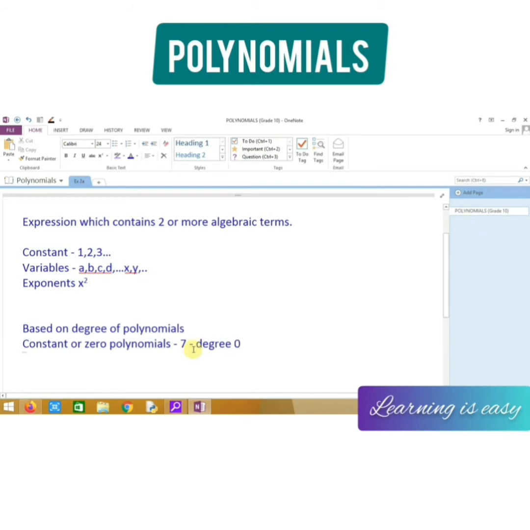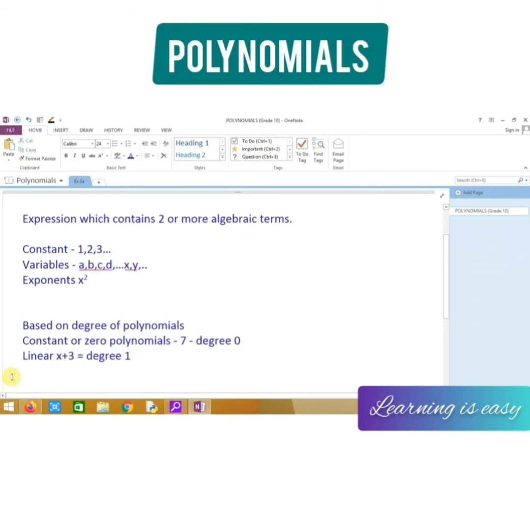So it's just a constant, degree is 0. Next, linear polynomial where the degree is 1, x plus 3 or x plus 1, whatever we write. So the degree of x is 1. So this is a linear polynomial.